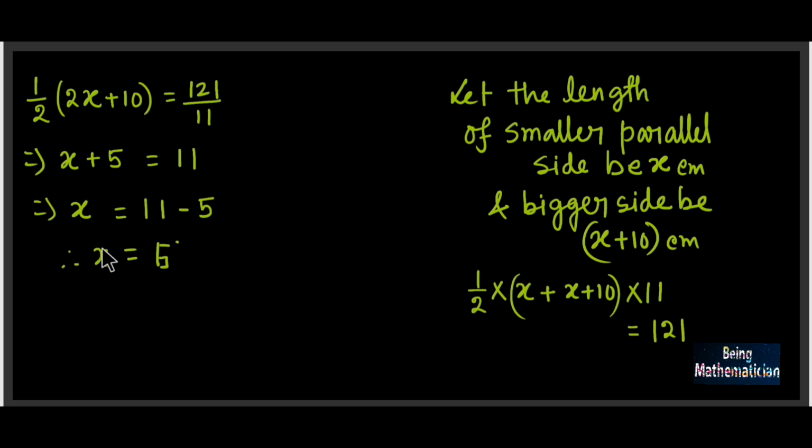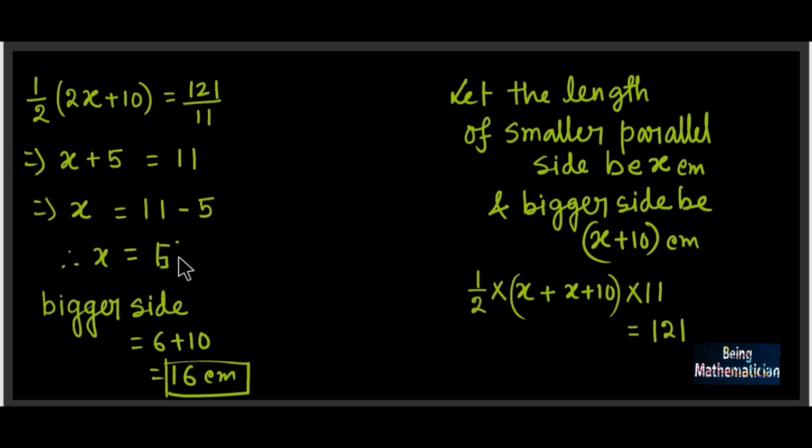Therefore x is equal to 6. So the bigger side must be 6 plus 10, and it must be 16 centimeter. So one side is 16 centimeter, another side is 6 centimeter, and it is our answer.